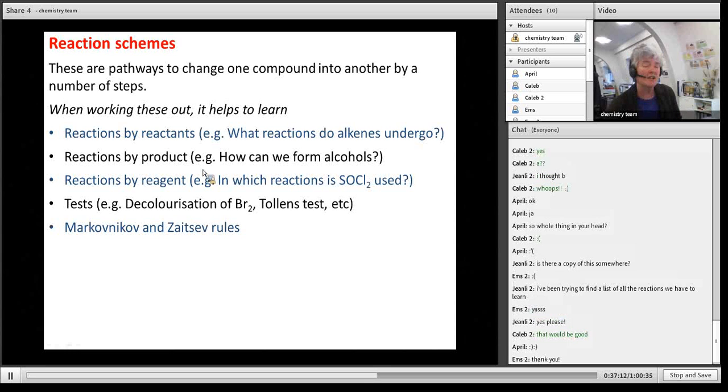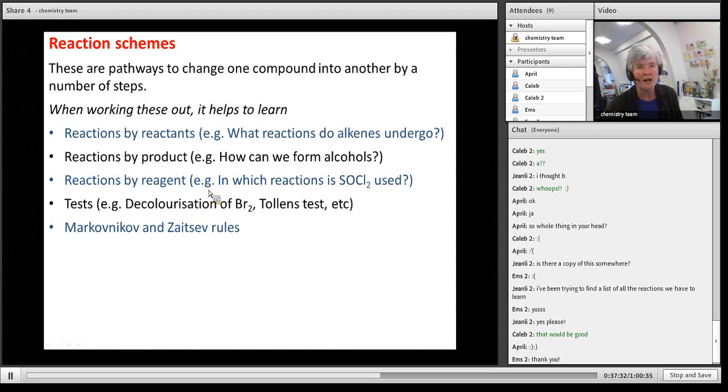If I want to make an alkene, how do I make an alkene from an alcohol? Or how do I make an alkene from a haloalkane? So learn it in reverse, if you like. And then learn it by reagent.